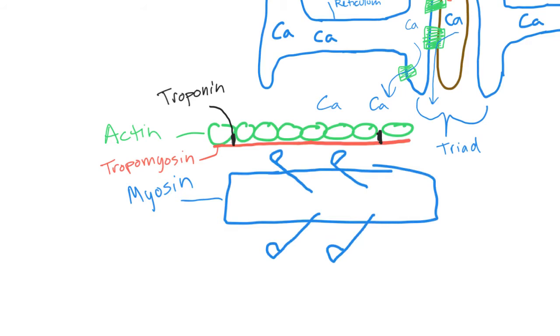But when calcium comes and binds to tropomyosin, it shifts. And then the binding sites are available, and the actin and myosin will start interacting, which we'll show in a second.